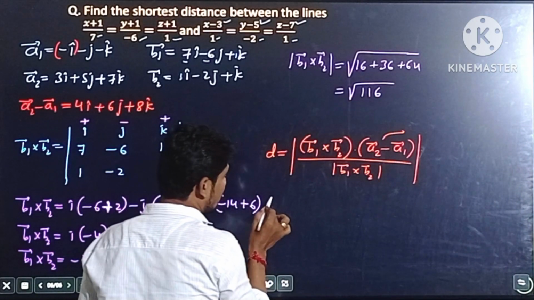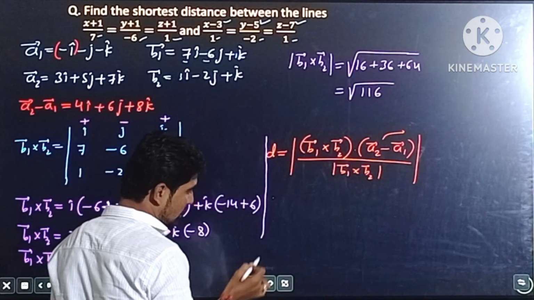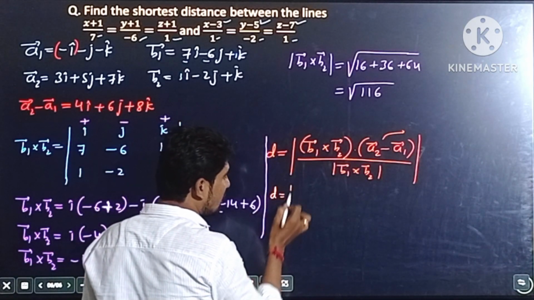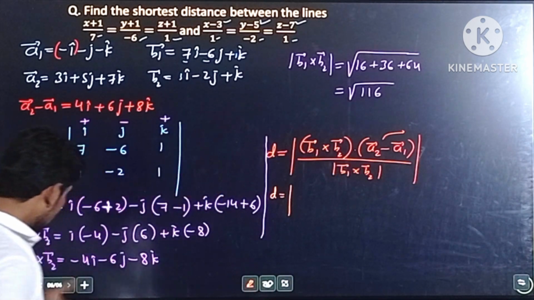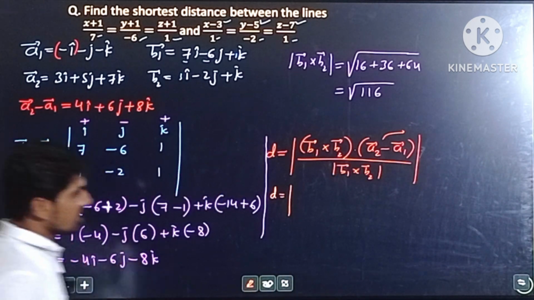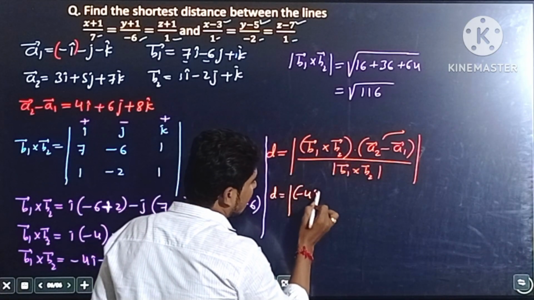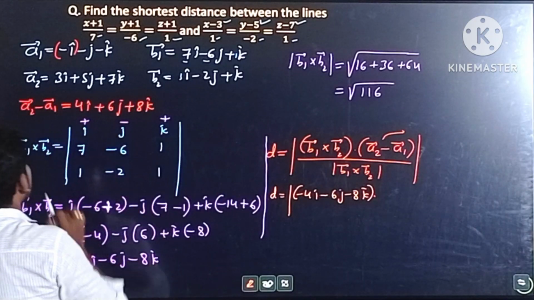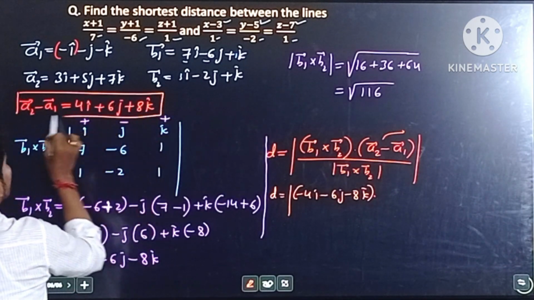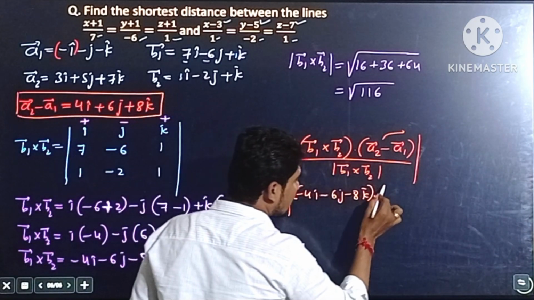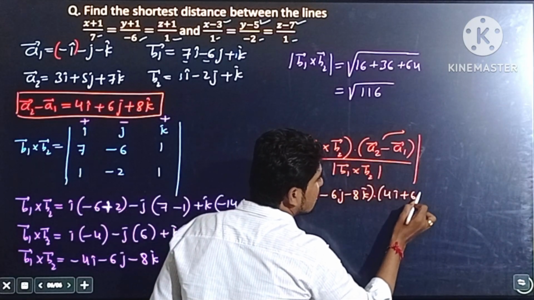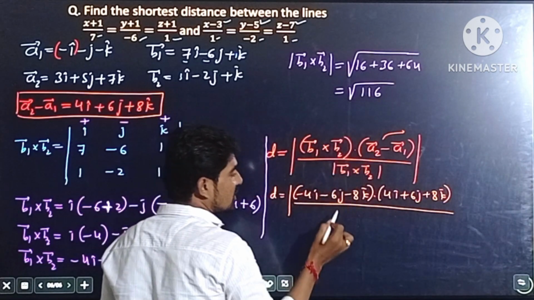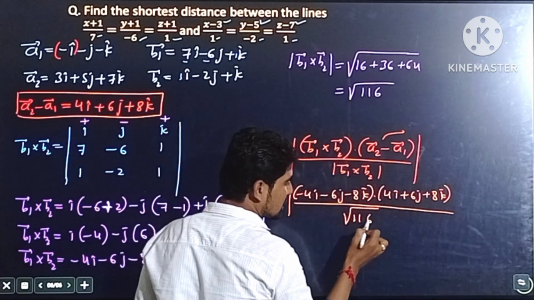D is equal to the modulus of b1 vector cross b2 vector, minus 4i minus 6j minus 8k, dot a2 vector minus a1 vector, 4i plus 6j plus 8k, divided by the magnitude of b1 vector cross b2 vector, root 116.